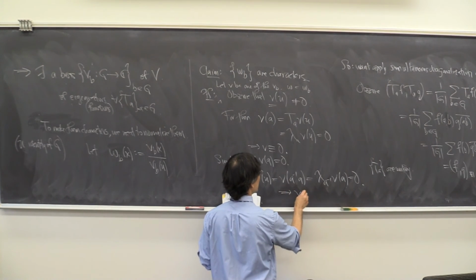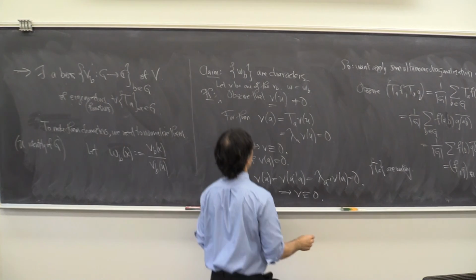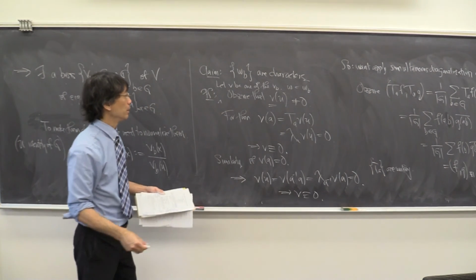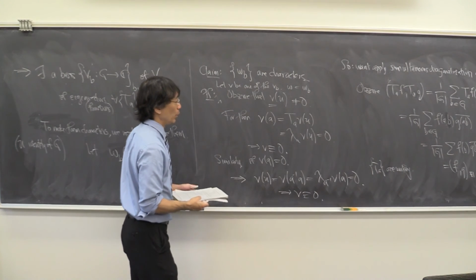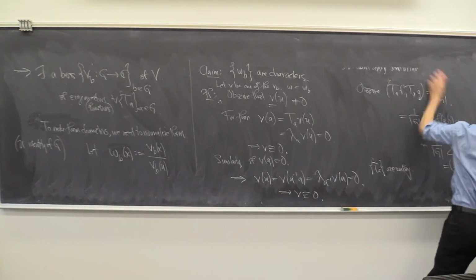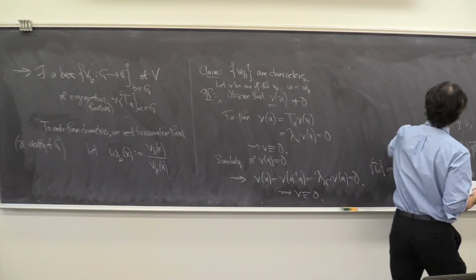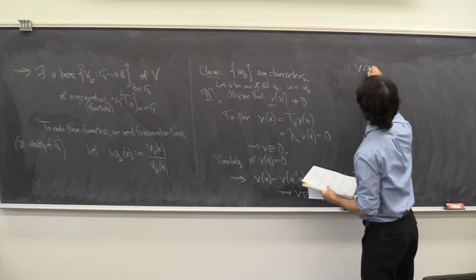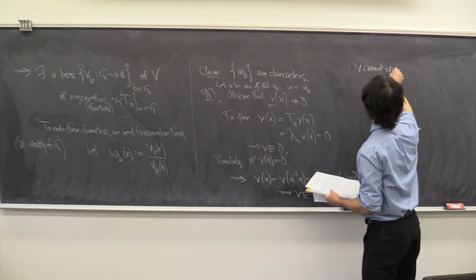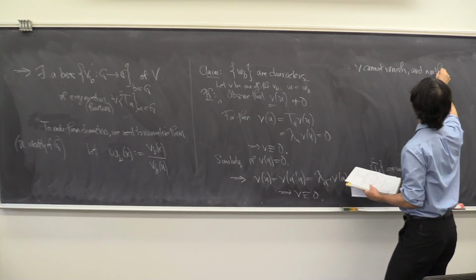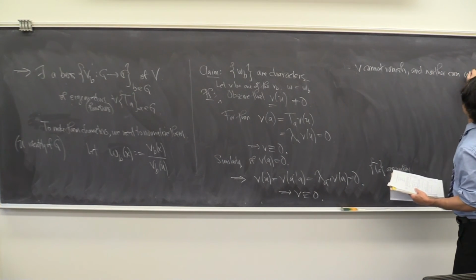And again, V would be 0 everywhere. So the point is that V cannot vanish, and neither can W.